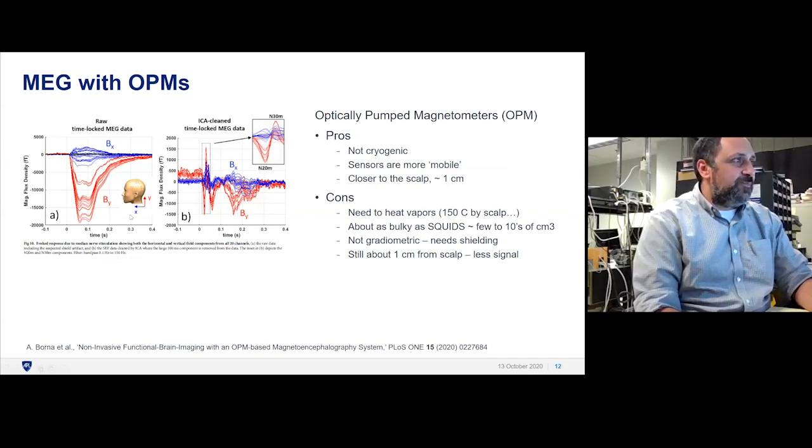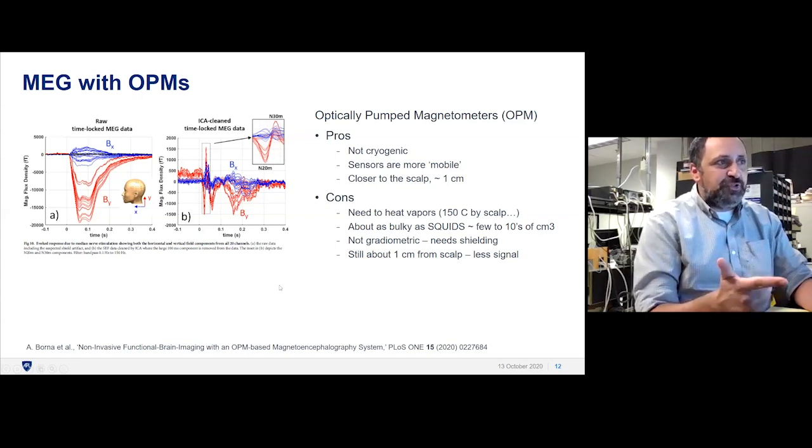So this is at the level of research. This is just from this year of using atomic magnetometers, which would lower the cost and improve the signal for MEG imaging. I'm not sure if they did this on a real patient or not.